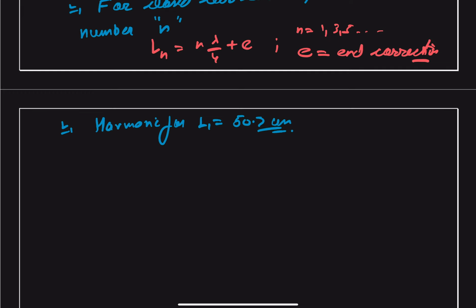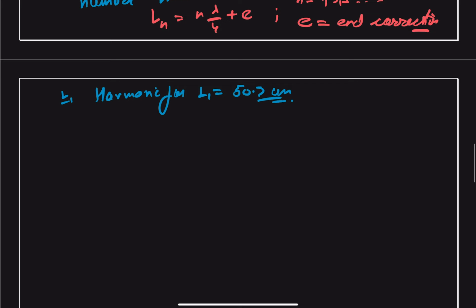We start by substituting the value of n as 1, then 3, then 5, and so on. Our L1 will be approximately 3 into lambda by 4, so this becomes 3 into 66.4 divided by 4, which is about 49.8 centimeters.